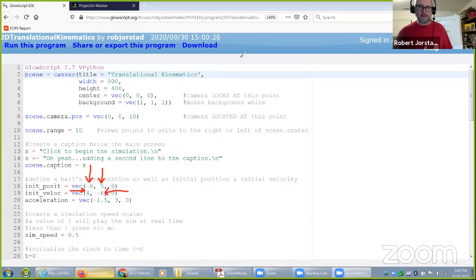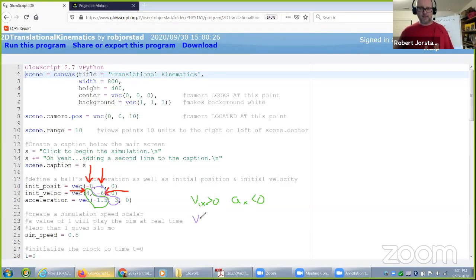And then finally, look at these two terms. Notice that the velocity in the X and the acceleration in the X are opposite. Initially, V initial X is greater than 0, and AX is less than 0. That means it's slowing in the X direction, at least initially. Similarly, look at these two numbers right here.